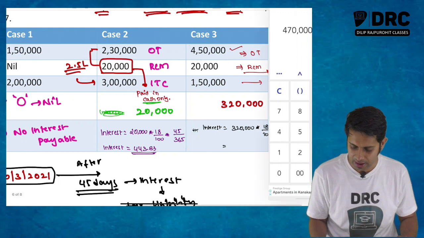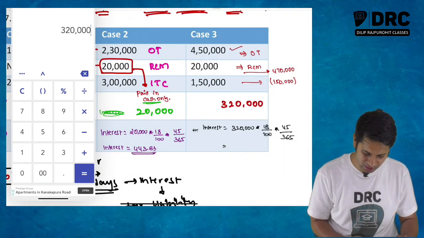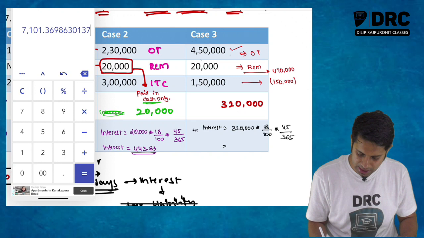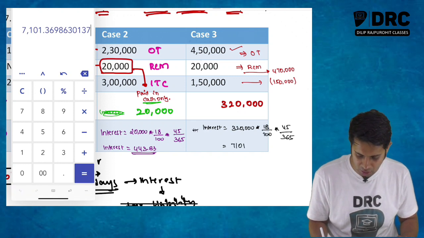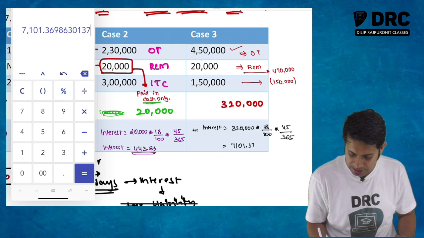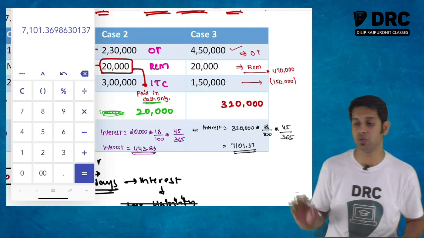So what is the amount? Here you have to pay interest of 7,101.37 rupees.